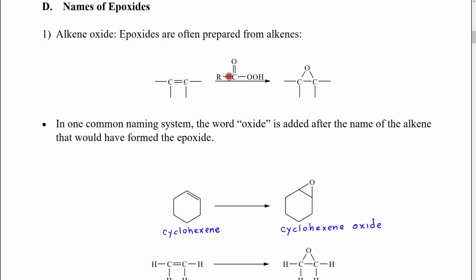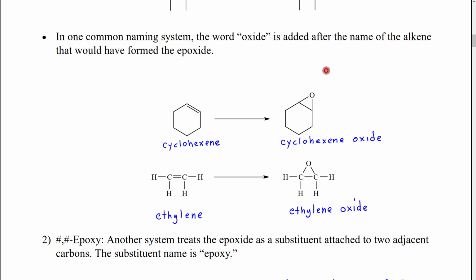It's derived like this. Epoxides are often prepared from alkenes. So for example, if I take just this generic alkene and then I treat it with a peroxycarboxylic acid, the double bond will become a single bond and we will add an oxygen ring to the 2 former carbons of the double bond.